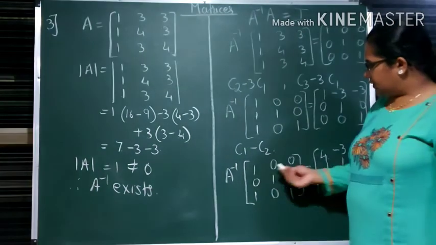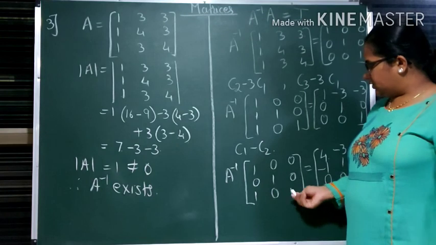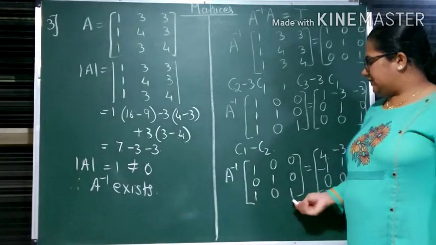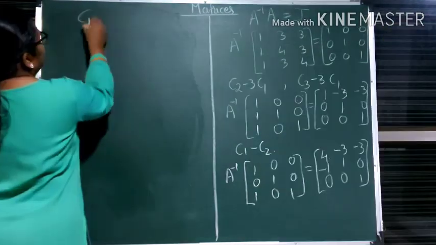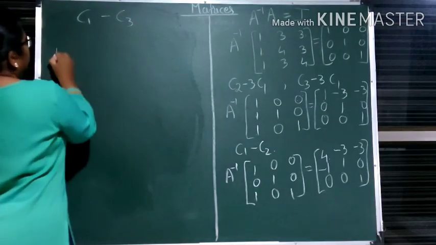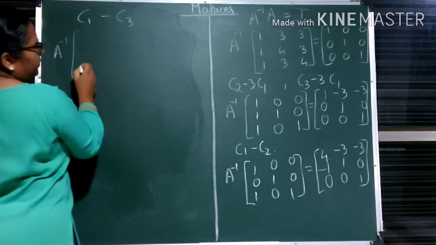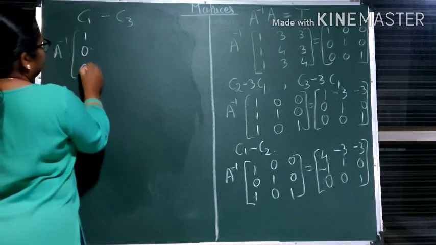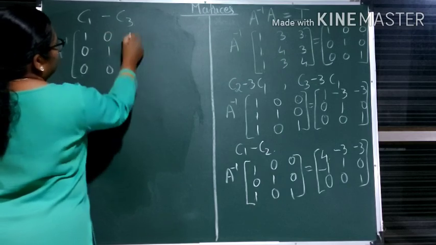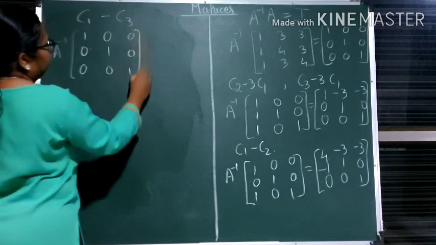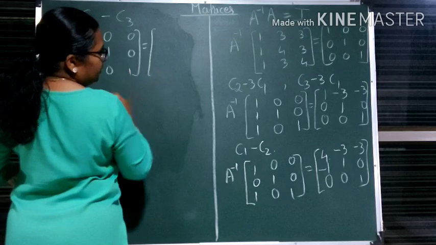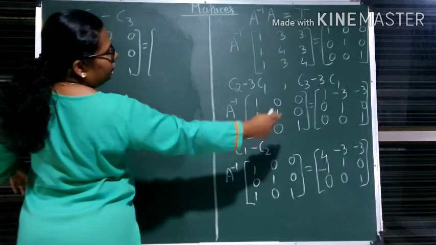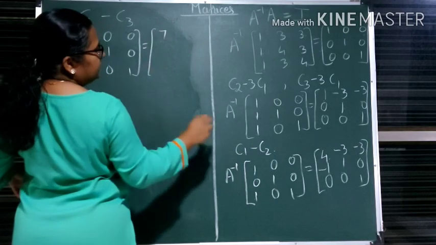Now this row is over, this row is over, this is already 1, this is 0. Now this is 1. So clearly the operation will be C1 minus C3. So A inverse into 1 minus 0, 1. 0 minus 0, 0. 1 minus 1, 0. 0, 1, 0. 0, 0, 1 equal to C1 minus C3: 4 minus of minus 3 becomes 7.